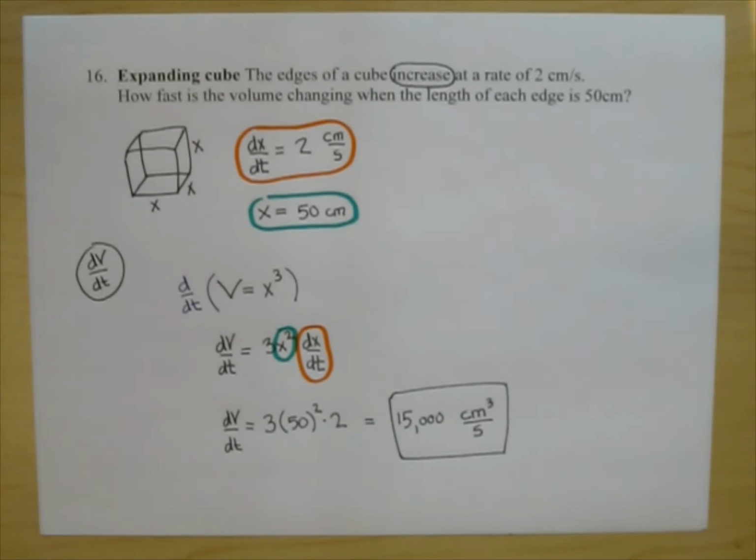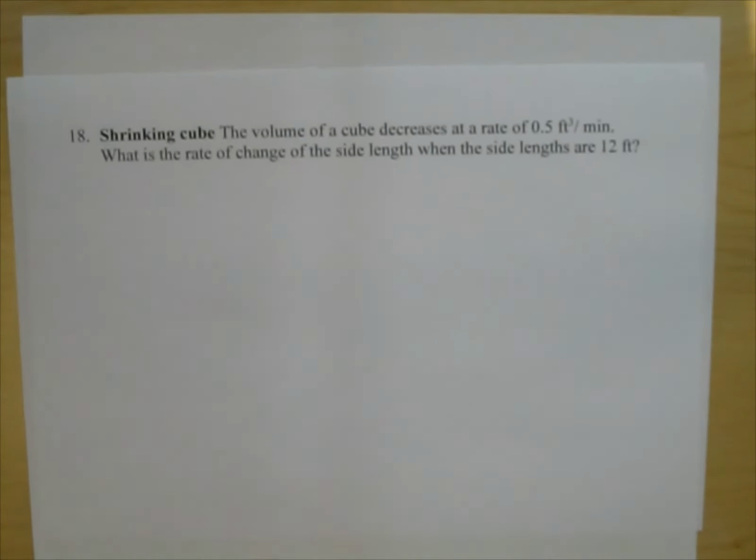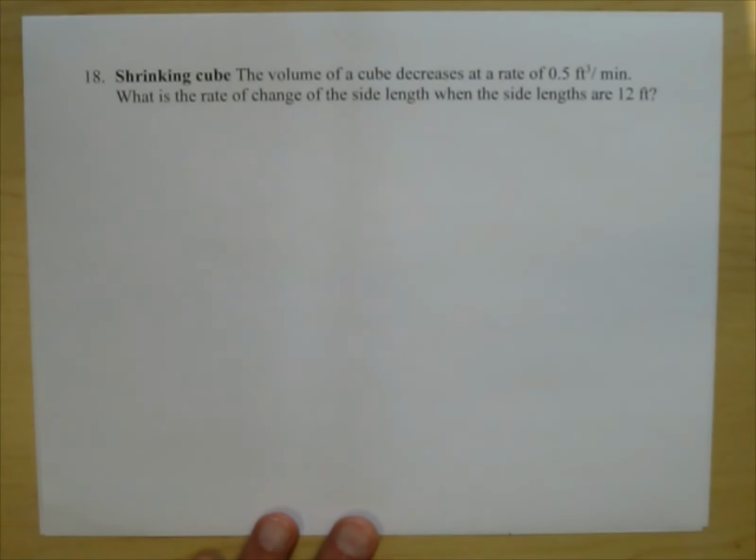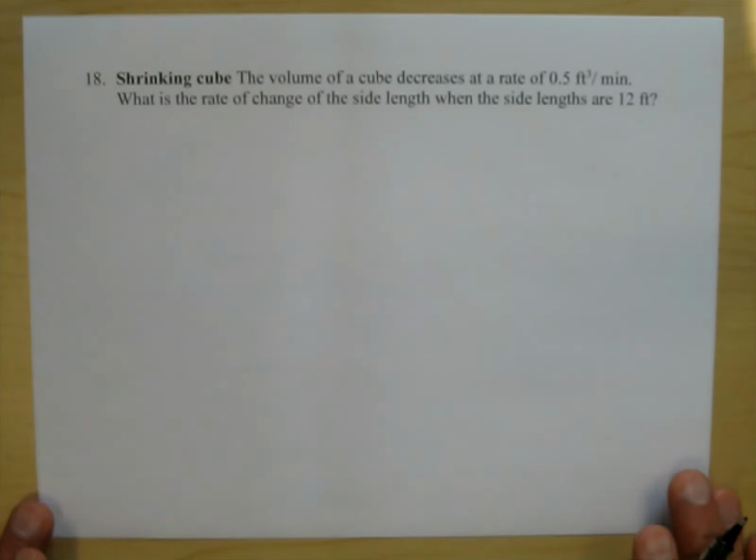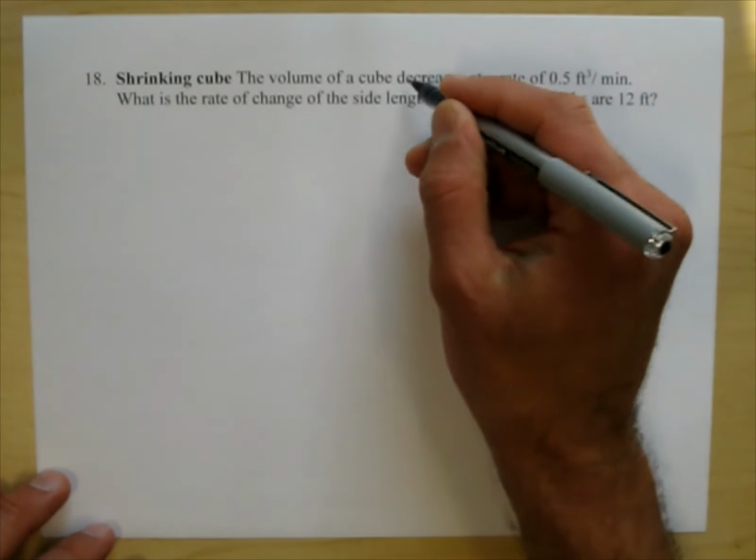But we need to take baby steps before we hit those problems, and those problems will be done in part 3. So here's another problem that seems pretty worthless, kind of, but it helps us so we can do those other problems later. Shrinking cube. The volume of a cube decreases.